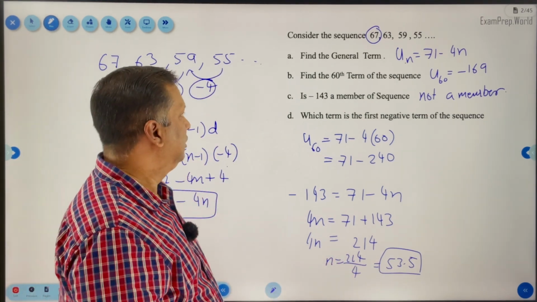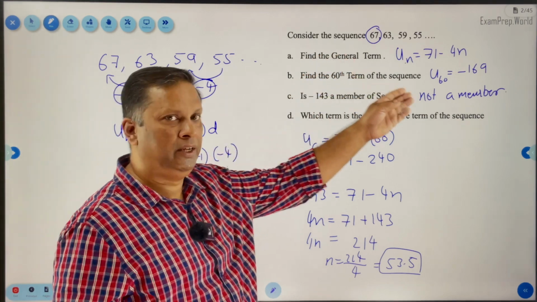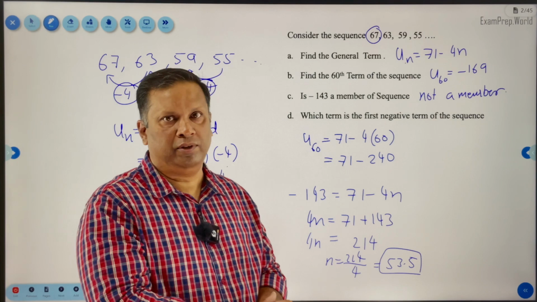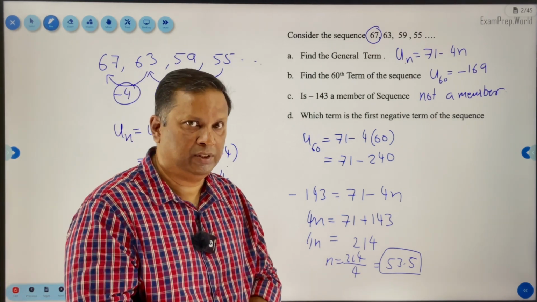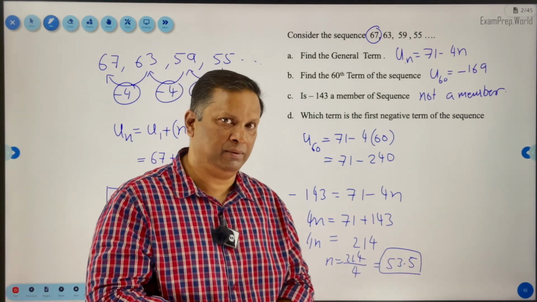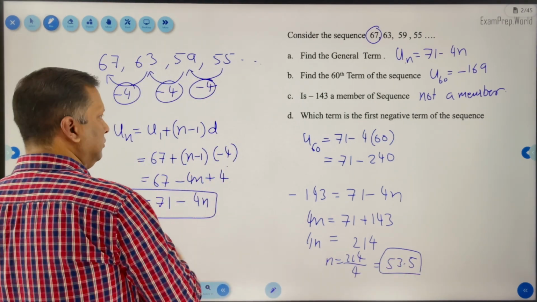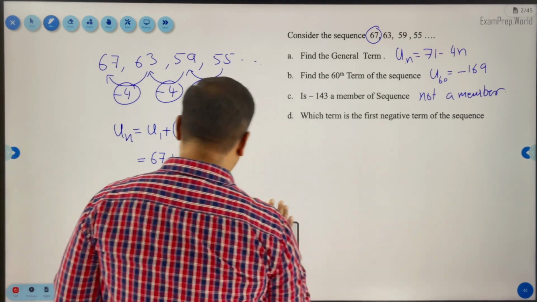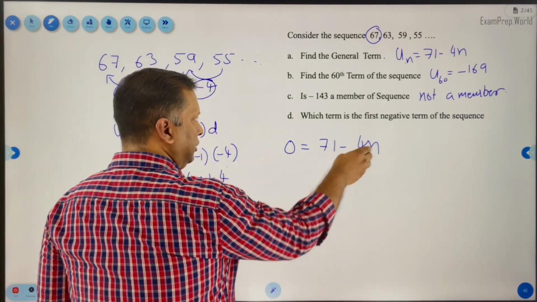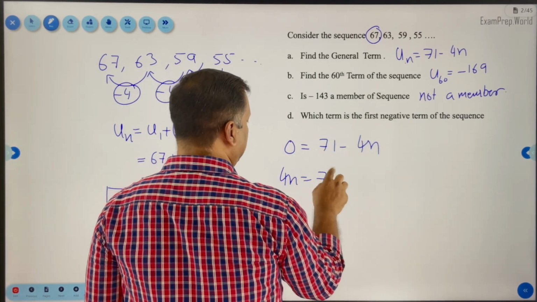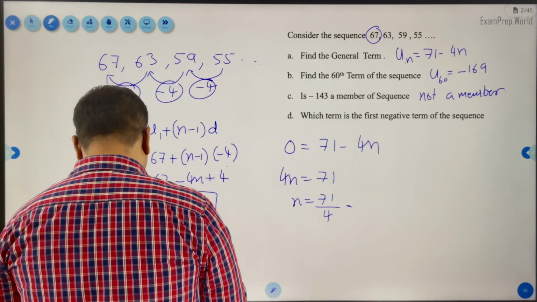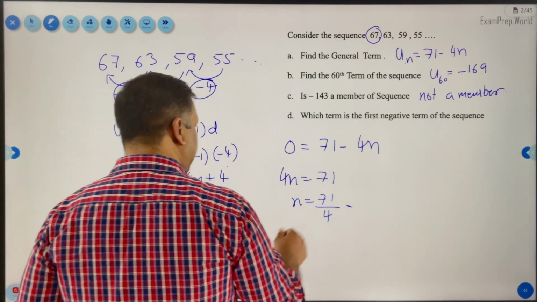Now, which is the first negative term? The terms are decreasing, so eventually it will reach 0 and then it will go to a negative term. Sometimes 0 may not be a member of the sequence, but we have to check for 0. Whichever number comes, the next immediate whole number is the first negative term. Check for 0: 0 equals 71 minus 4n, so n equals 71 divided by 4, which is 17.75.